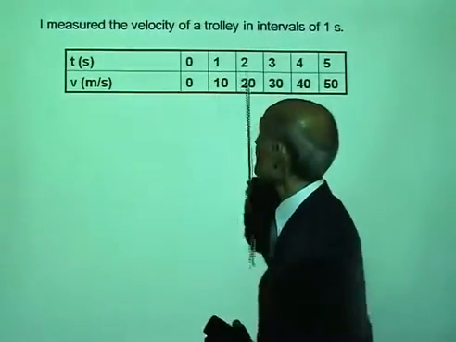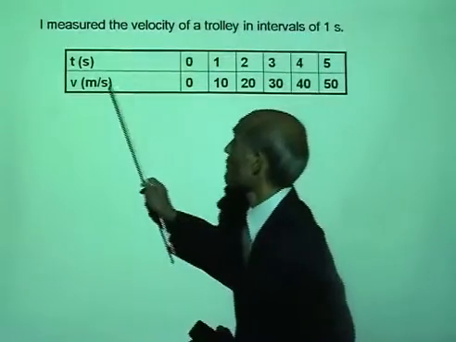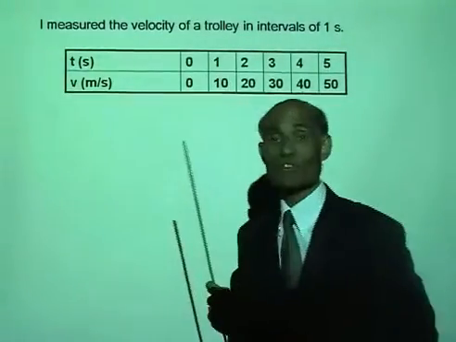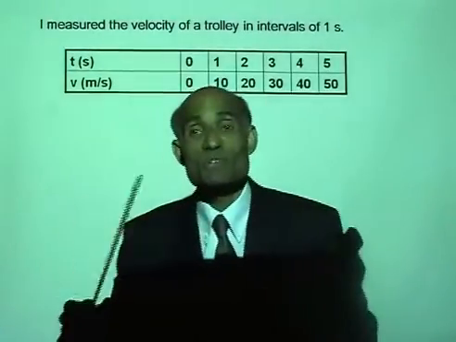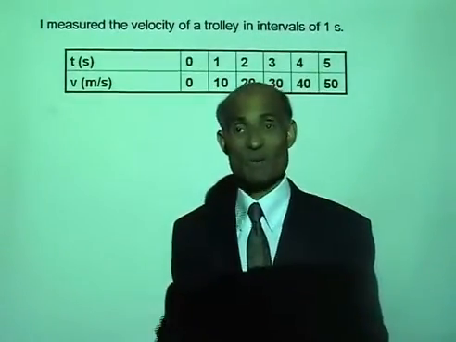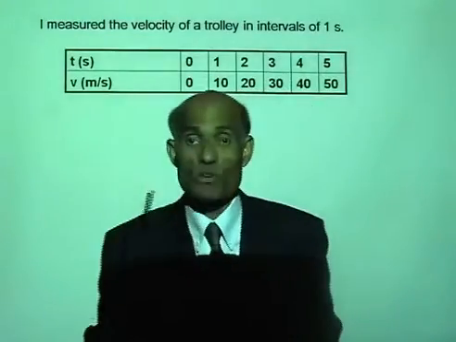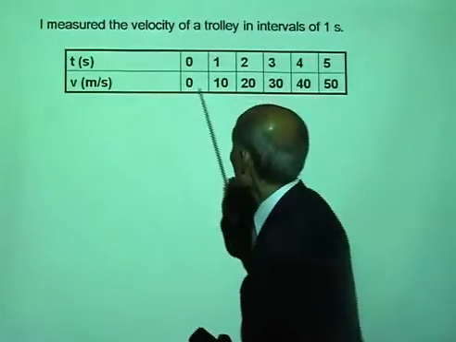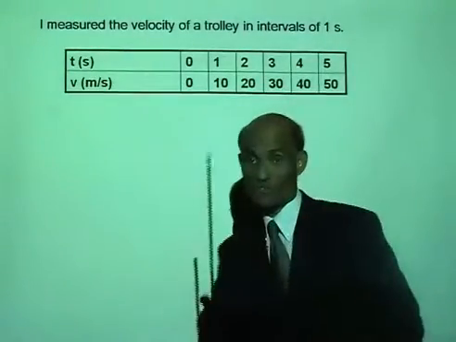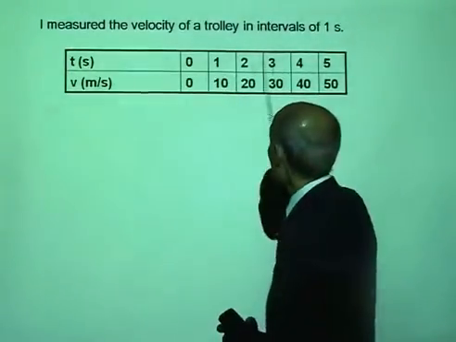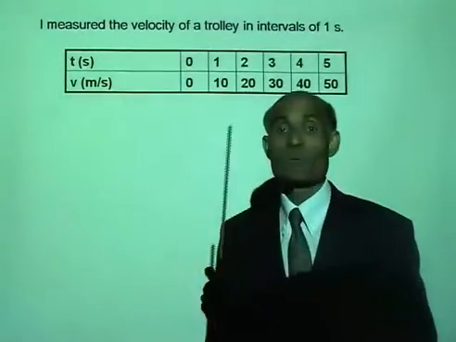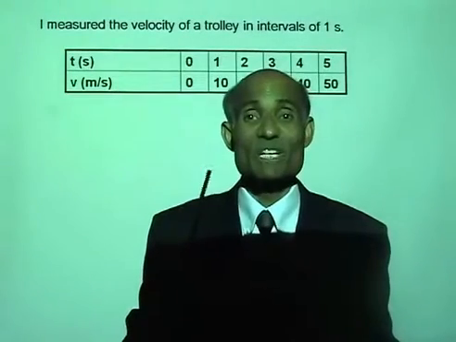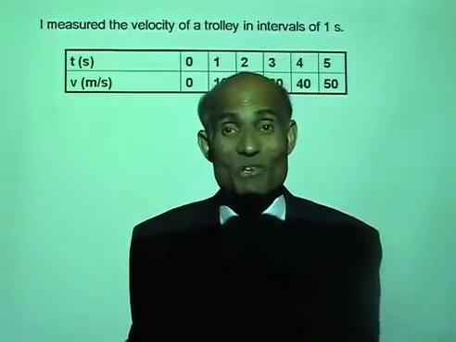Can you use these values to draw a graph of velocity on the y-axis, time on the x-axis, and measure its slope. Alright, I want you to hit pause on the video and do this exercise. Do this graph, velocity on the vertical axis, time on the x-axis, and measure its slope, delta v divided by delta t, and that will be a measure of the acceleration.